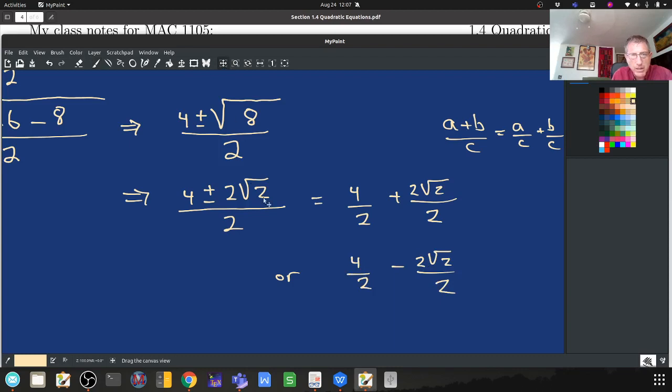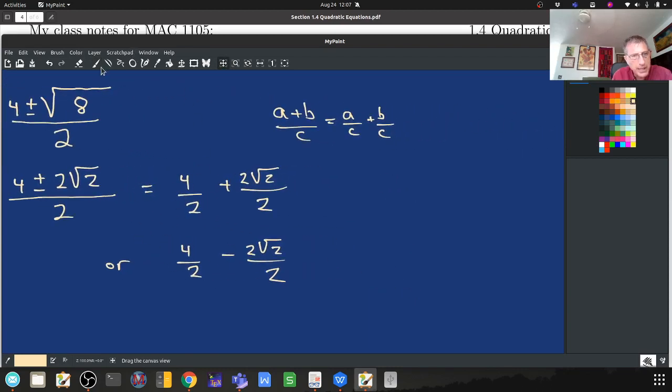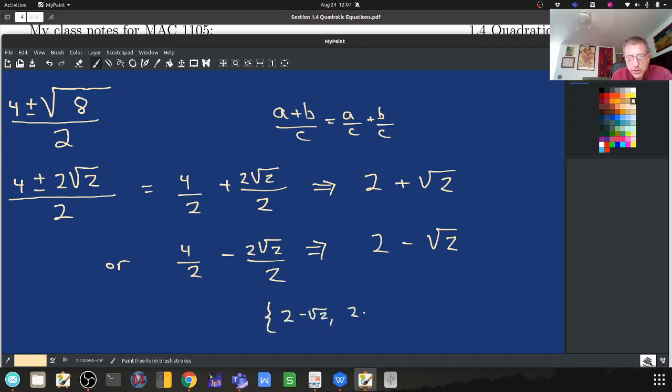But there's one last simplification, and you will need to do it. 4 divided by 2 is 2. 2 divided by 2 is 1, so it's 2 plus the square root of 2, or 2 minus the square root of 2. So if I were listing these in a set, 2 minus the square root of 2, 2 plus the square root of 2.